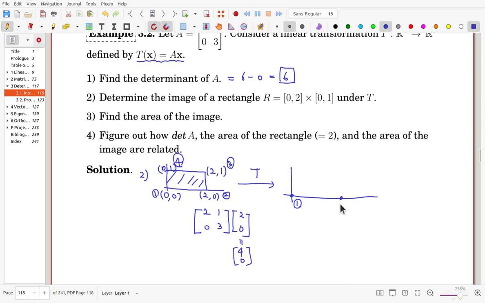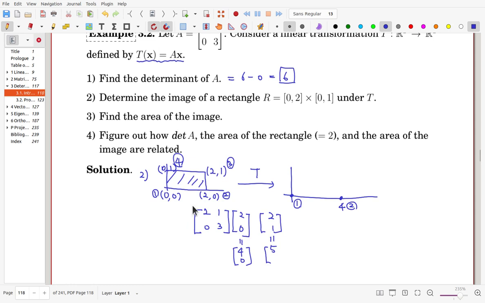That is now here 4, point number 2. Now for the third point, we put here 2, 1. Then this multiplication will be 4 plus 1, so that is now 5.